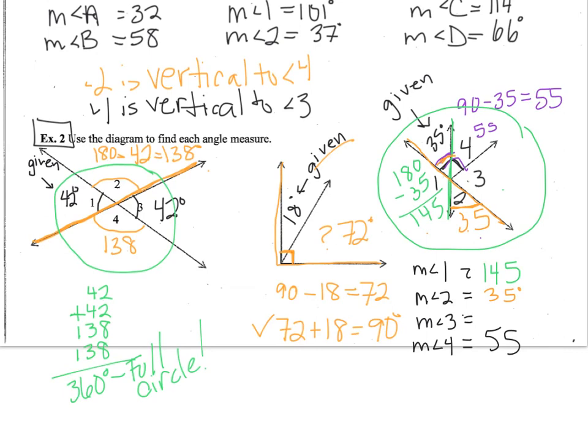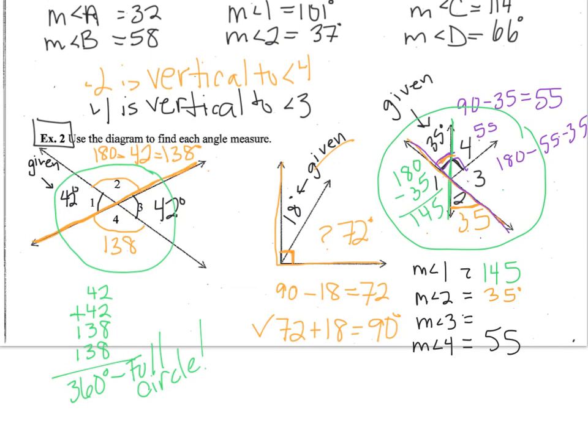I also see this orange line again, and I know that I have a straight line. So for angle 3, I could do 180 minus 55 minus 35. Okay, do you see that orange, now purple line? All add up to the 180.